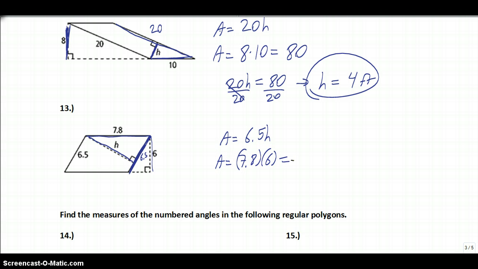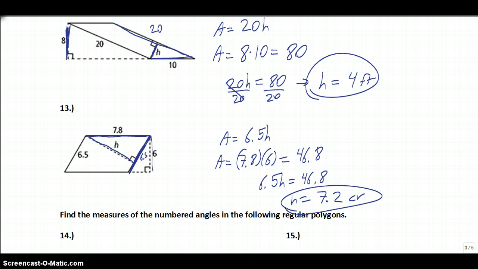So I have to take 7.8 times 6, and I get 46.8. So that's what my area has to equal. So 6.5h equals 46.8, which means h equals 7.2. And again, you could make up whatever units. We'll call them Cruzes. Okay, 7.2 whatevers. All right.